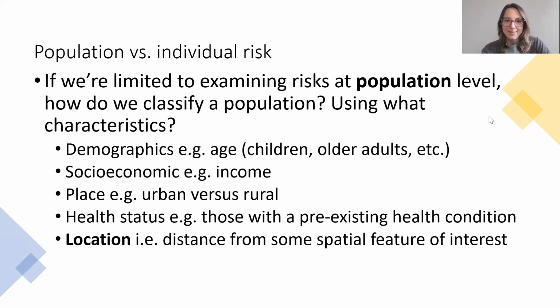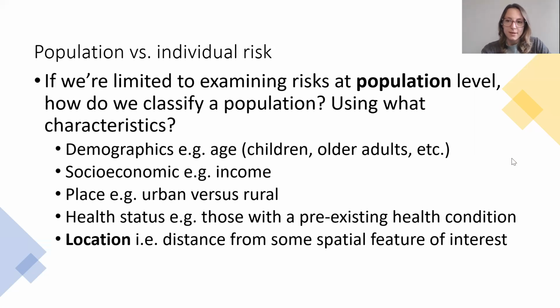So someone mentioned scale, and yeah, that's definitely one that you would also potentially encounter. And so we will focus a lot of today's lecture specifically on this idea of location. So how distance or proximity to some spatial feature, some geographic feature of interest can impact population health risks.